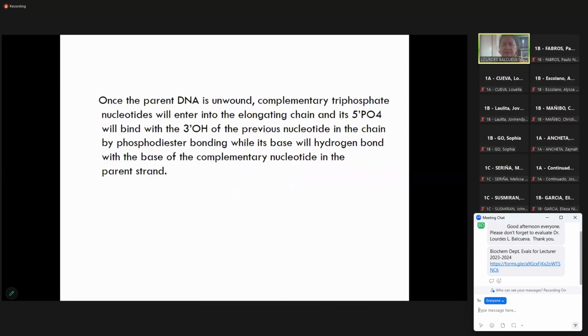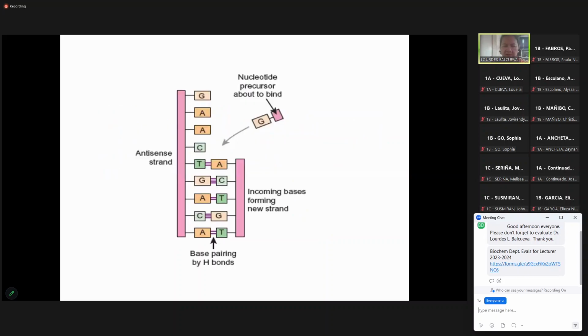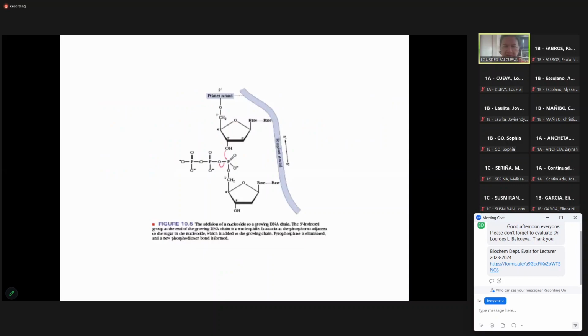Here. This is your parent strand. This is your incoming nucleotide. Okay? This is the primer. This is the nucleotide that has been incorporated already on the chain.